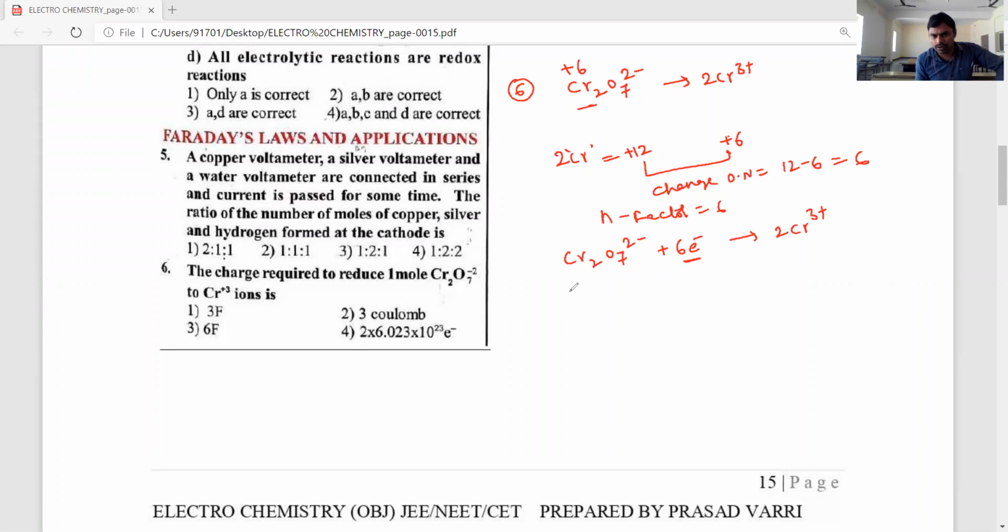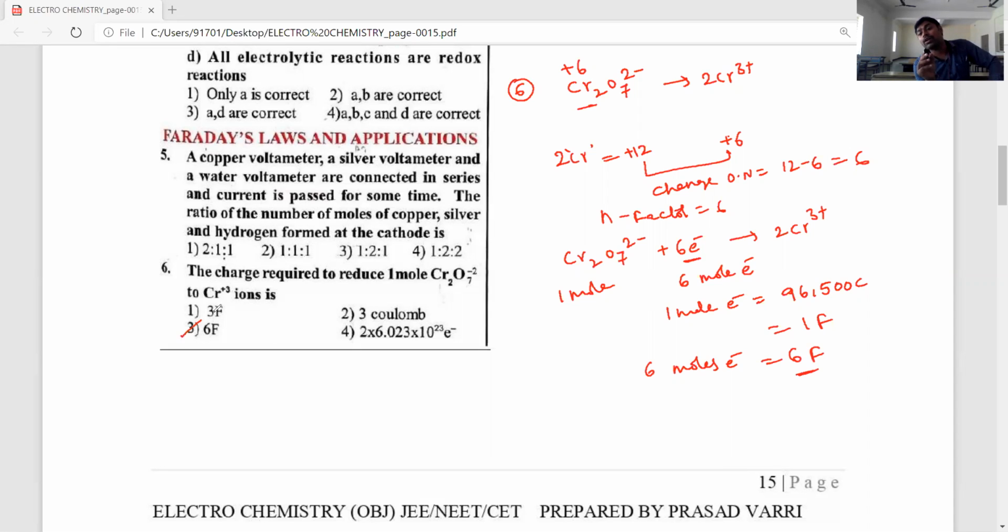So if it is 1 mole, 6 moles of electrons are required. 1 mole of electrons is nothing but 96,500 coulombs of electricity, which is 1 Faraday. Then 6 moles of electrons is equal to 6 Faradays. So the answer is 6 Faradays.